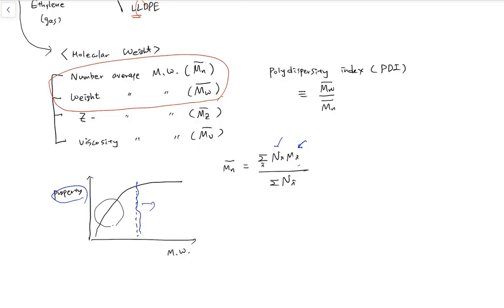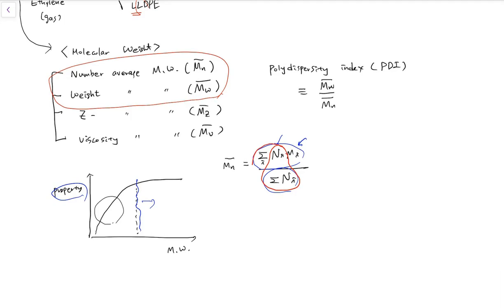This is simple: basically the total weight over the total number of chains. Since we can denote Ni over the sum of Ni as the number fraction, not mole fraction, this number average molecular weight can be written as the fraction times the molecular weight of each chain.